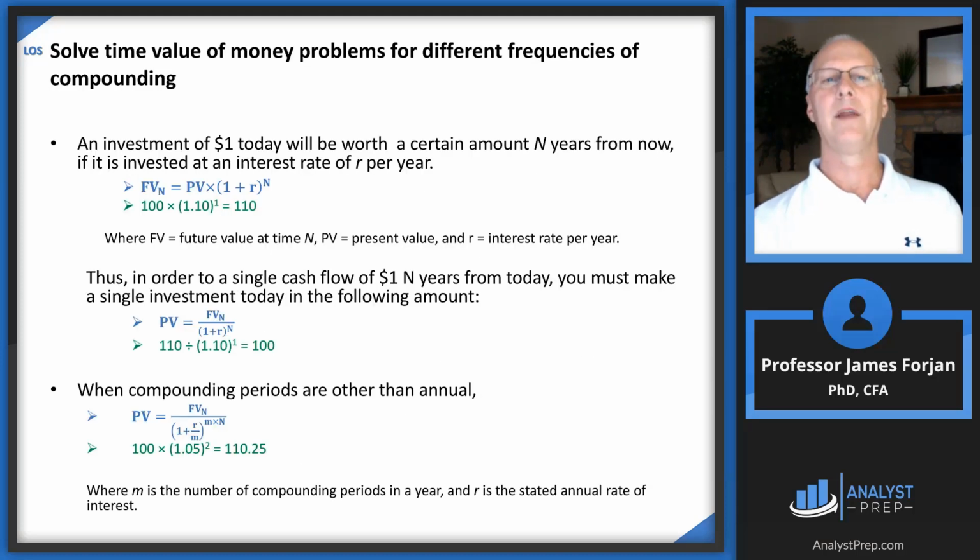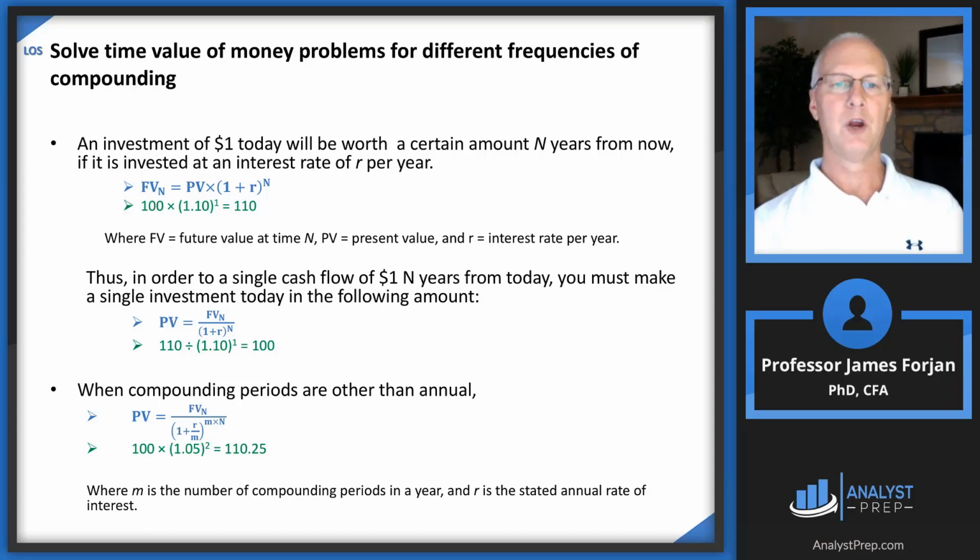Let's go ahead and get out our calculator, although we don't really need it for these simple examples here. But we'll need a calculator to solve time value of money problems for different frequencies. So I have a couple of formulas there in blue throughout the slide.